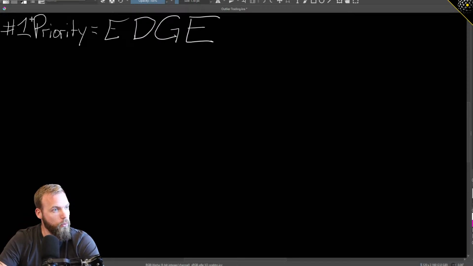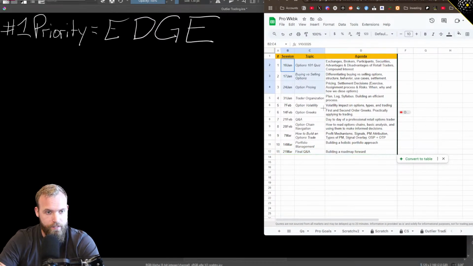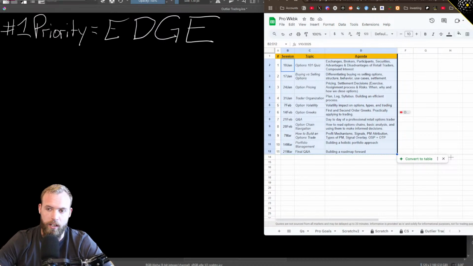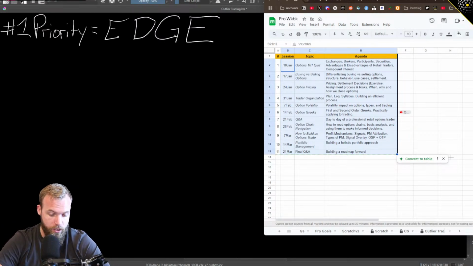As we go through this entire list of things, some of the things in here are designed to directly support edge. Some of the things in here are designed to help us capitalize on edge or maintain our ability to extract an edge. But everything that you do as a trader, it must incorporate some sort of edge.